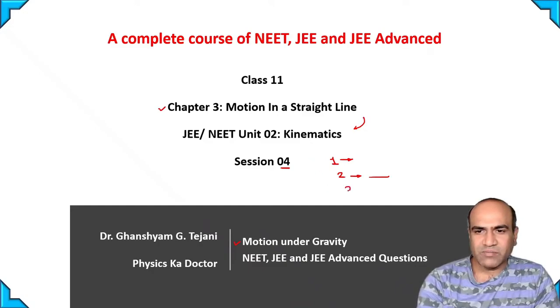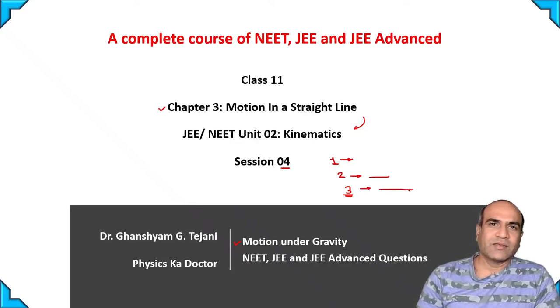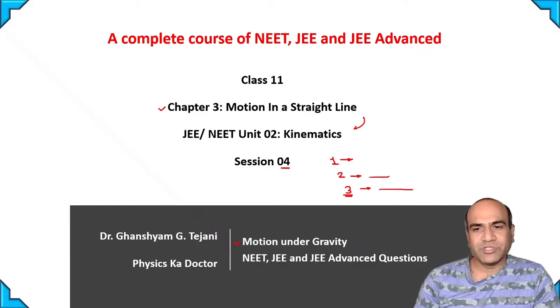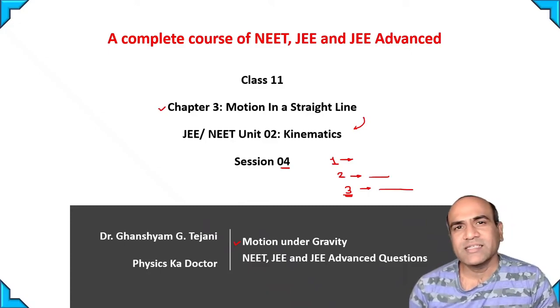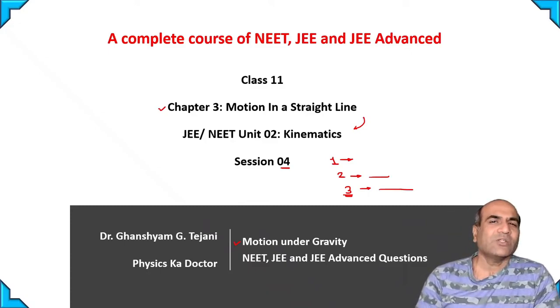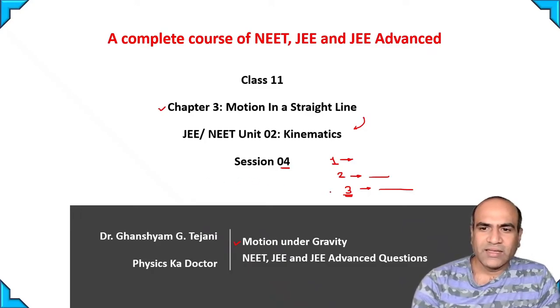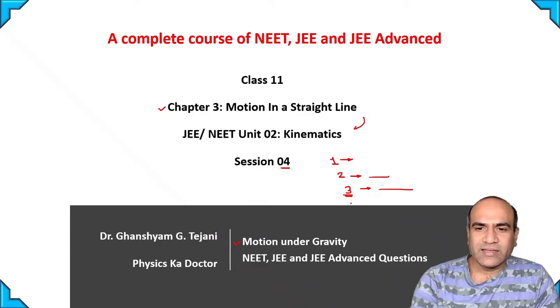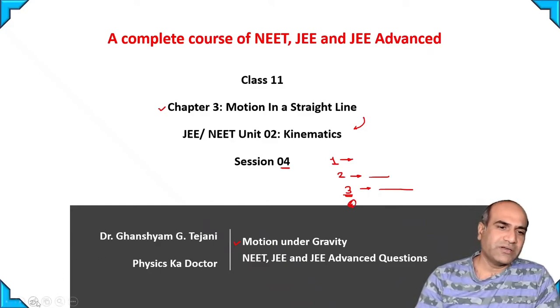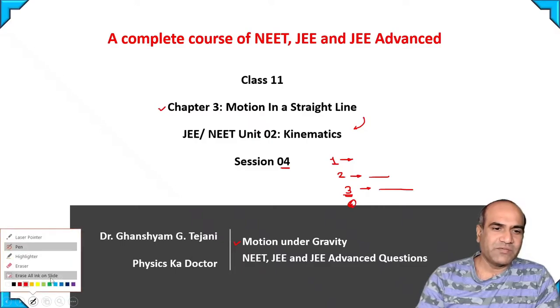In session number 3, we have taken motion under horizontal line, which is one dimensional movement without considering gravity. Also, we had one example of gravity, but that was discussed. And in this session, we will be talking about motion under gravity. How it works. Let's see.